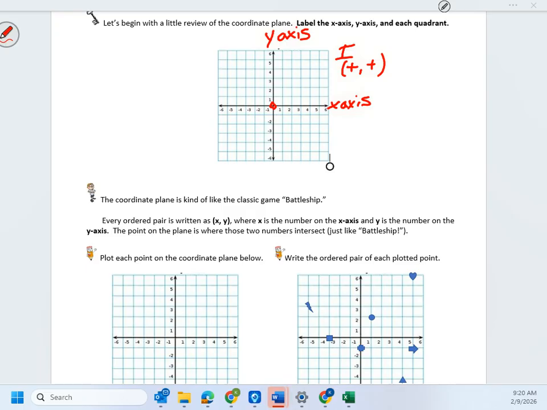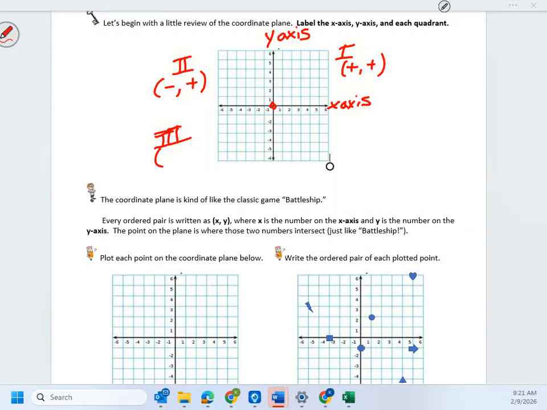So it's called quadrant 1. Quadrant 2 is over here. So we can see our X is going to be negative and our Y's are going to be positive. So when you look at your ordered pairs, if your X are negative and your Y is positive, you should be in that quadrant.